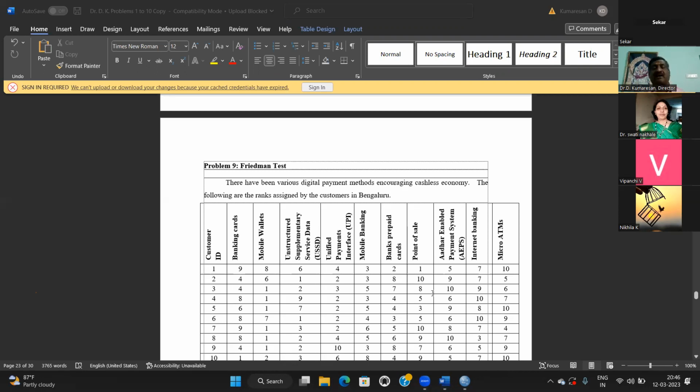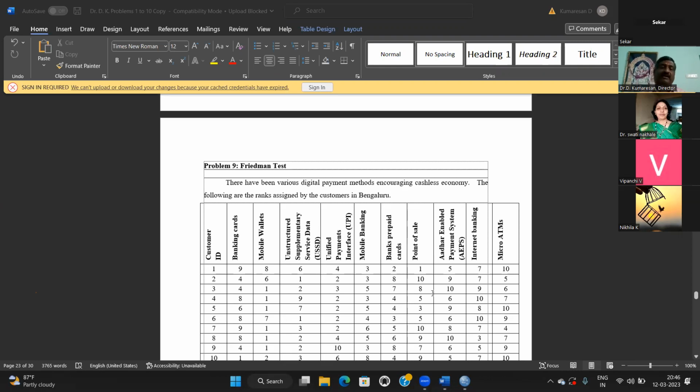Here the data is ordinal data. That is the only difference. So Kruskal-Wallis test is called the non-parametric equivalent to the one-way ANOVA. This is one of the pairs.